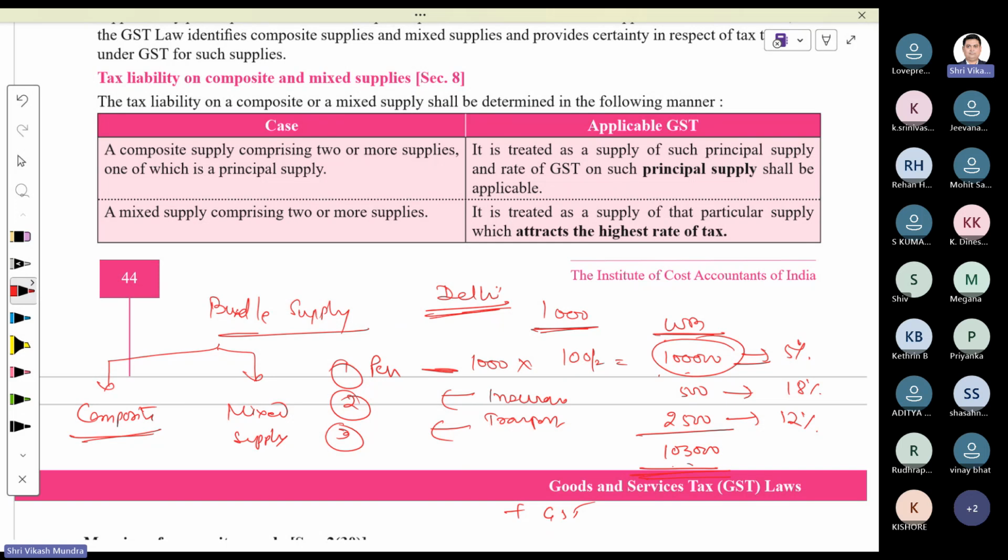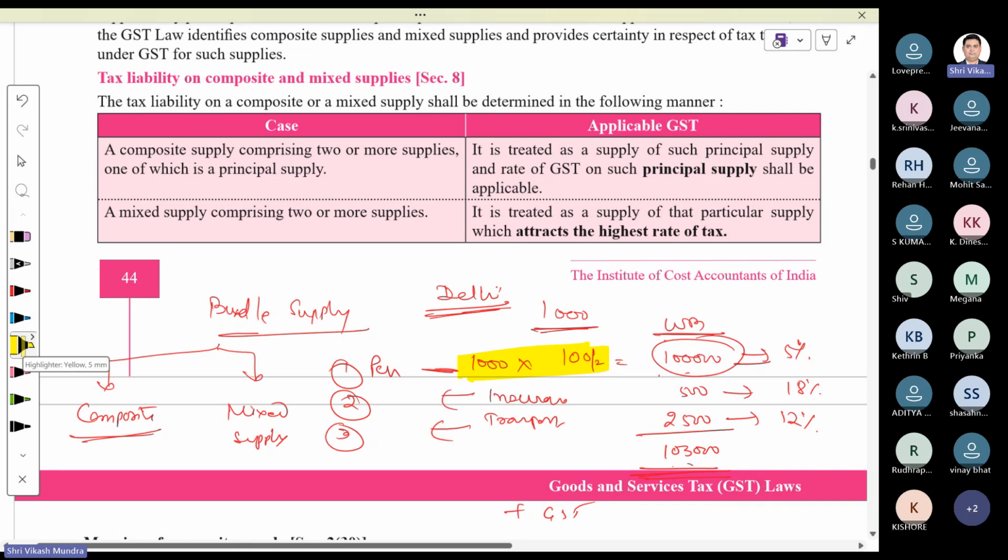In our example, can I say that one of the supplies is the principal supply? Which one is the principal supply? Can I identify the main supply? Yes, I can identify that it is the supply of pen. If it is not there, obviously insurance and transport supply would not be there. Agree or disagree?